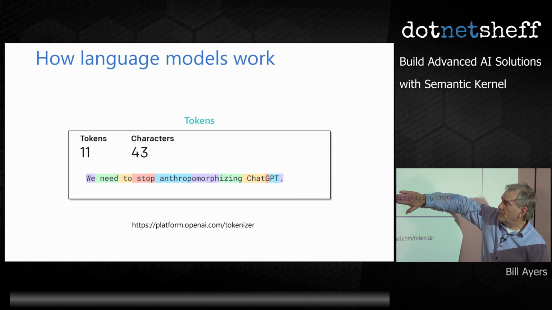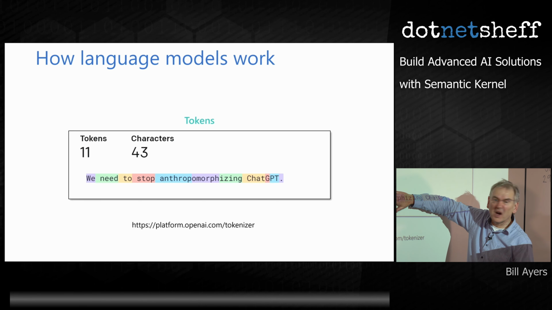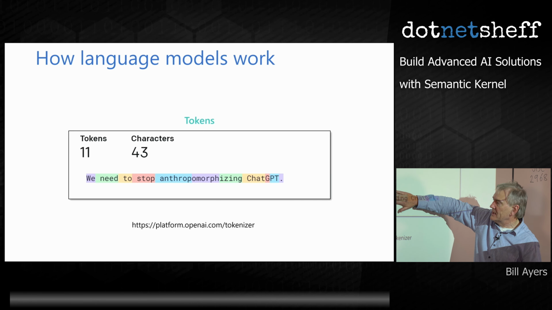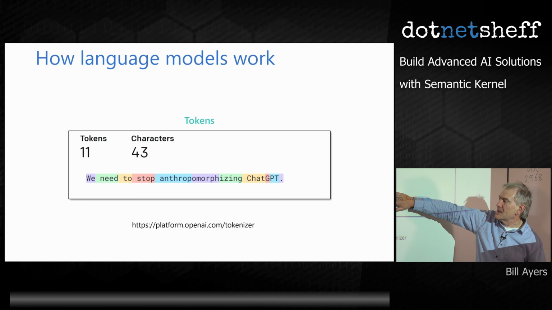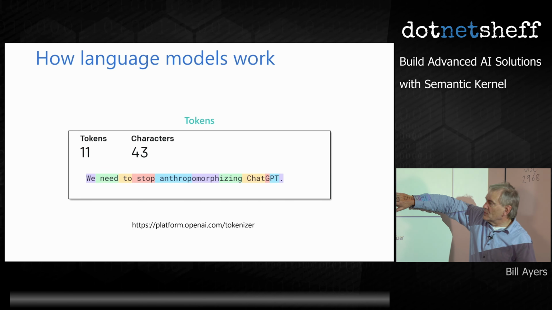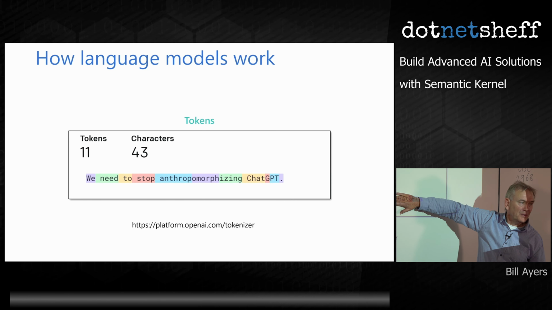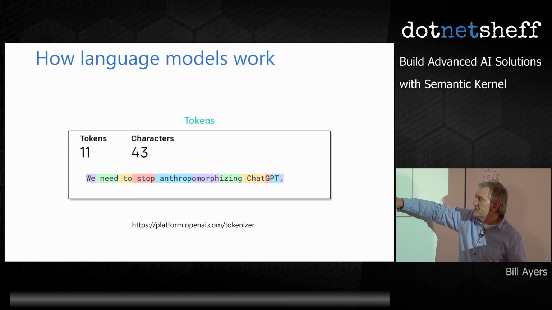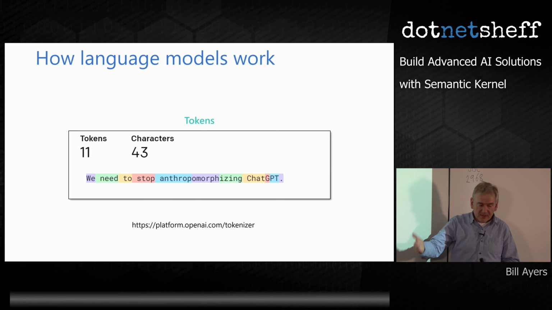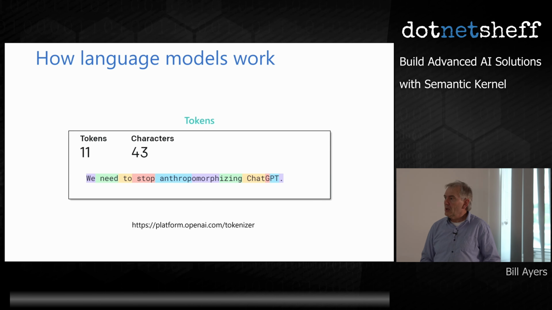One possibility is a fragment of the word anthropomorphizing, and once it got to there, it's got to come up with something that makes sense from "we need to stop anthrop", and then once you got to anthropomorph, you've pretty much got to add "ising" on the end, and then it will say what's next, maybe chat, and then chat GPT. All it's doing is generating the next token and predicting what it's going to be.